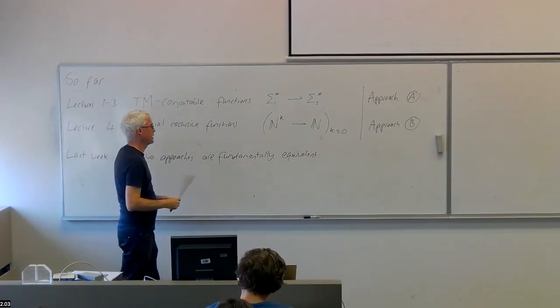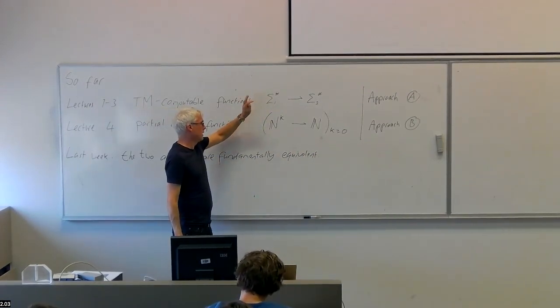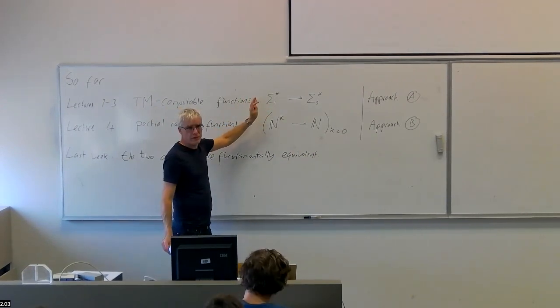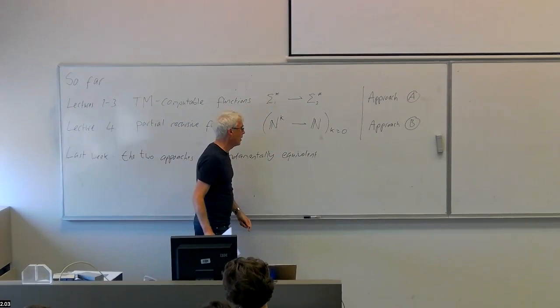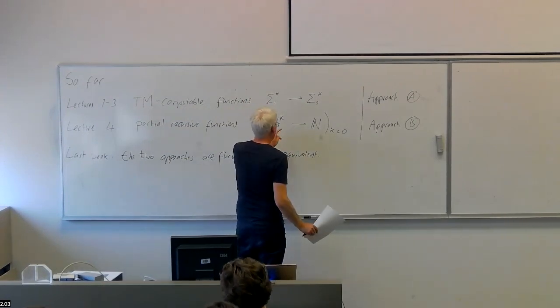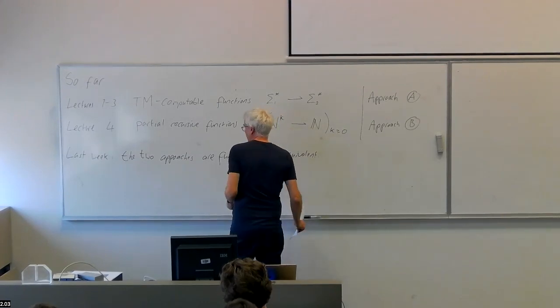We did that by showing that if we define the notion of computable partial function on the natural numbers using Turing machines, using the representations from lecture 3, that gives us the same notion as the self-contained definition of the partial recursive functions.